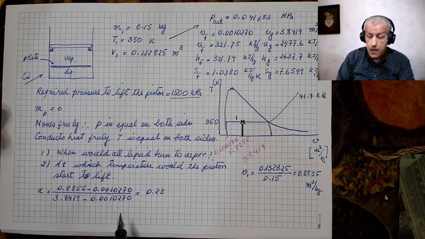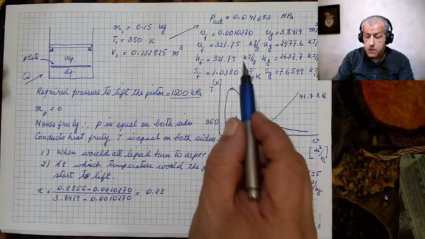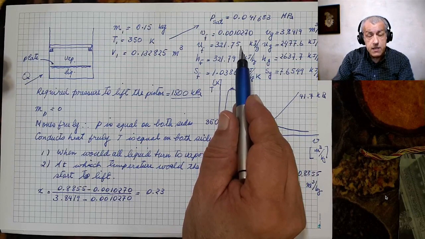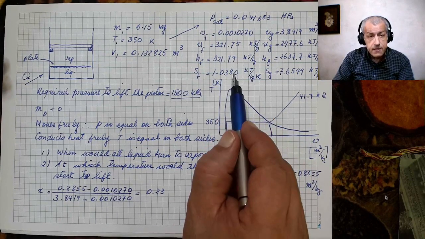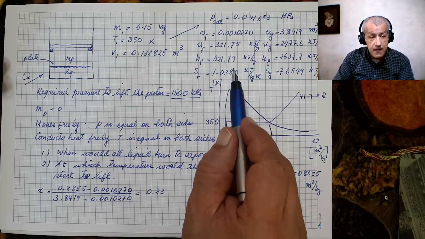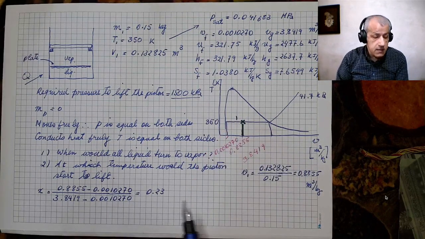Well, now with the knowledge of quality and also the knowledge of internal energy, enthalpy, and entropy, we could calculate all these values for our initial condition.